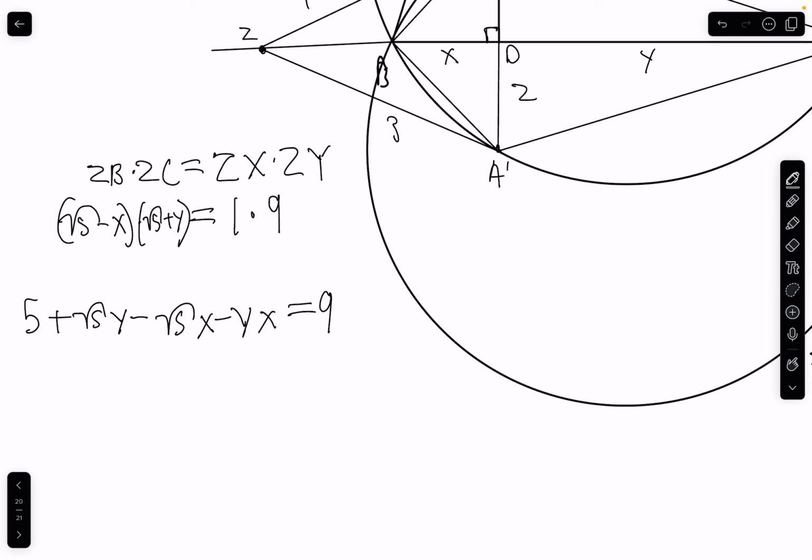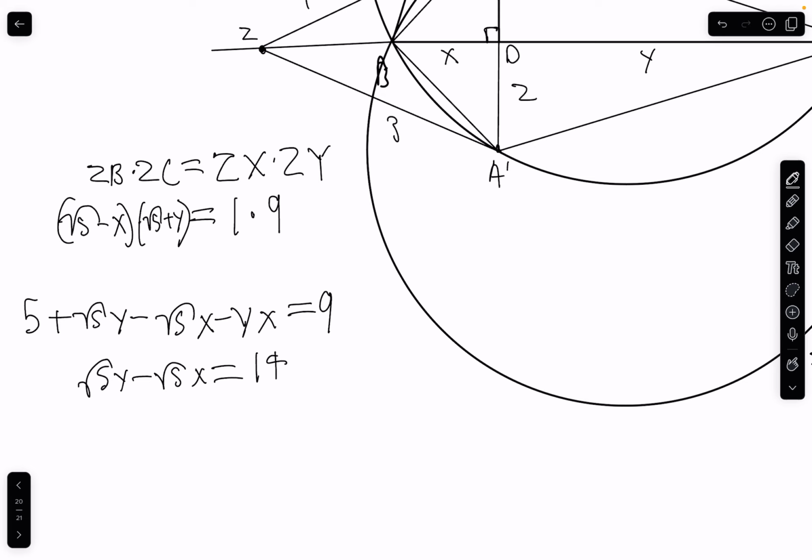And we know that yx is equal to 10, so we have minus 10 here. Let's subtract 5 from both sides, so here we have 4, and then we can add 10 to both sides, and we get that this is 14, right?